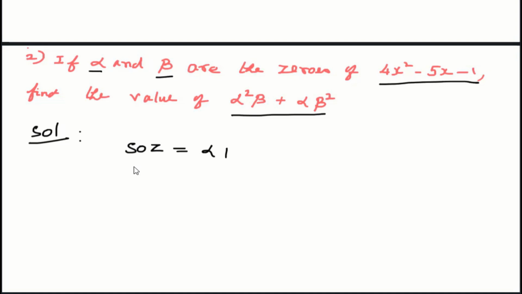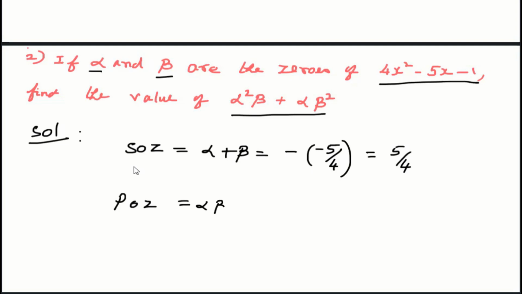So alpha plus beta equals minus b by a, which is equal to 5 by 4. Product of zeros is alpha beta, which is c by a, which is negative 1 by 4. So I have found the sum of zeros and product of zeros. Again I repeat, I didn't find what is alpha, what is beta separately.